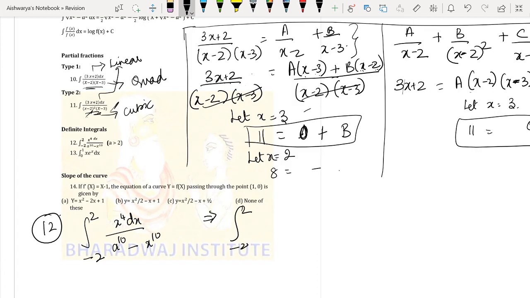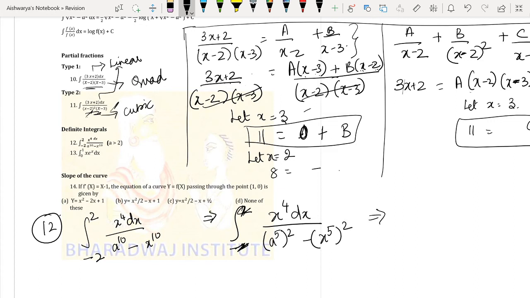First, for the time being, you can just ignore this. Okay, we'll come back to this in the end. x power 4 dx divided by a power 10, which will be a power 5 the whole square. I'm going to write it like this. Minus x power 10, also I'm going to write it as x power 5 the whole square.